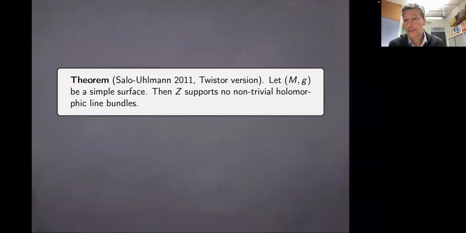The result of Mikko and Gunther is to say that what you're actually proving, after you do your homework, is simply that Z does not have non-trivial holomorphic line bundles. So all of a sudden you have this natural geometric way of interpreting the existence of holomorphic integrating factors in this form.